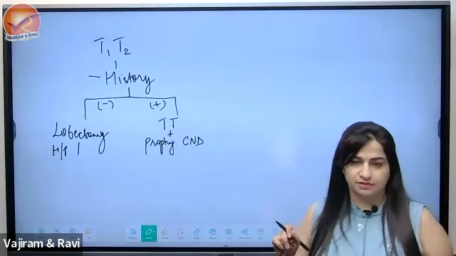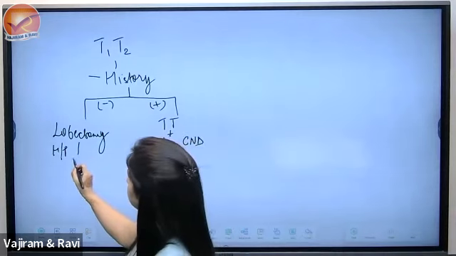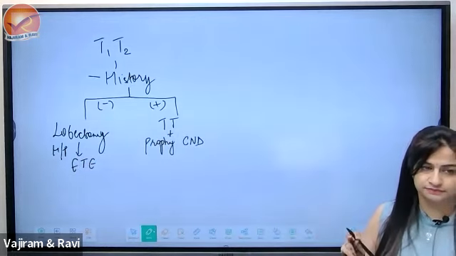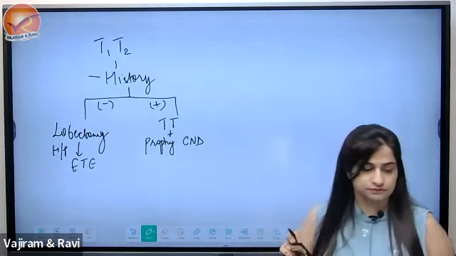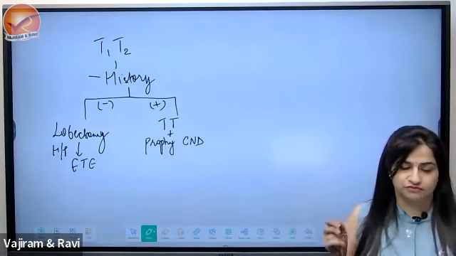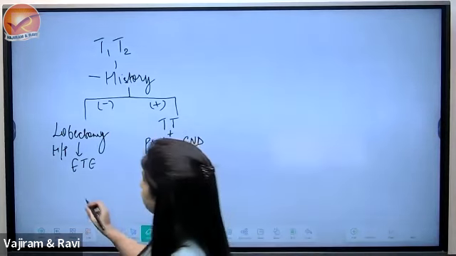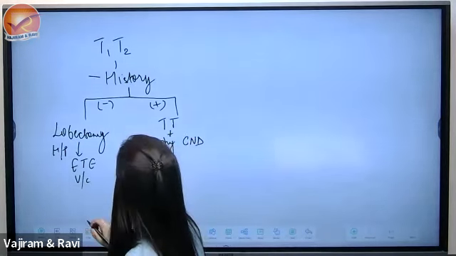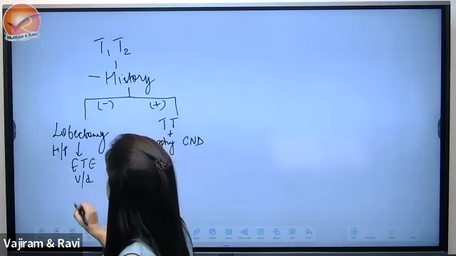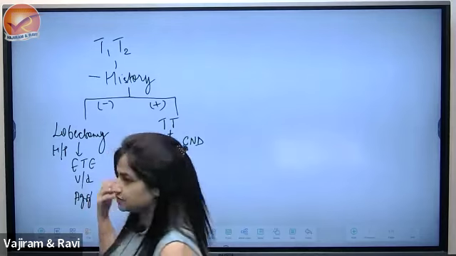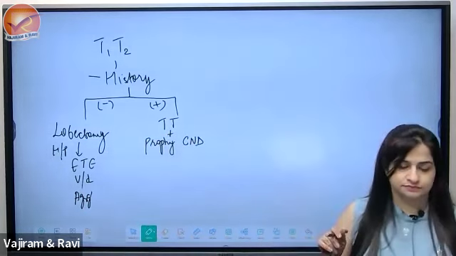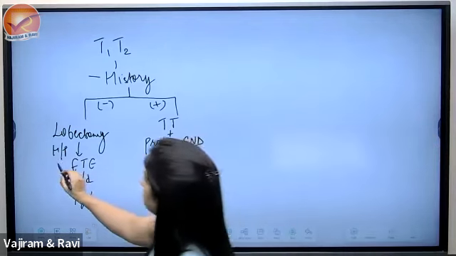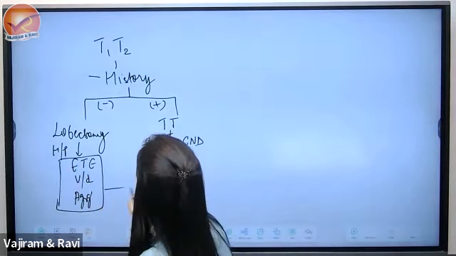Now, if histopathological examination suggests any extrathyroid extension, any evidence of vascular or lymphatic invasion, and aggressive tumor like anaplastic or something different has come up, then in this case the treatment will go back to here.